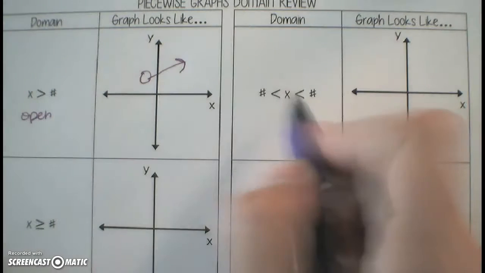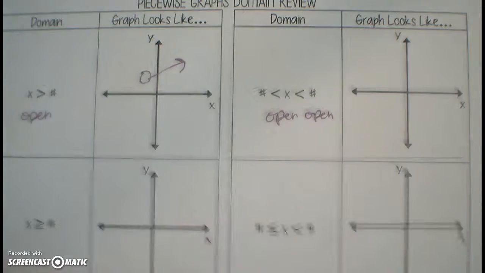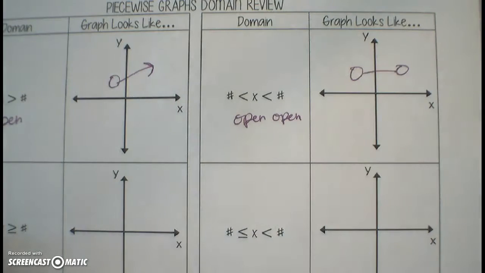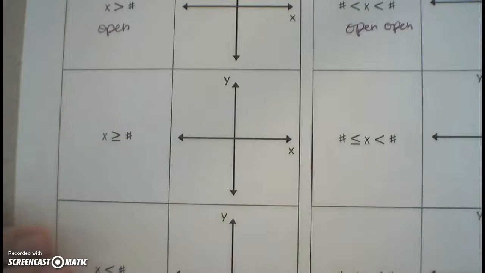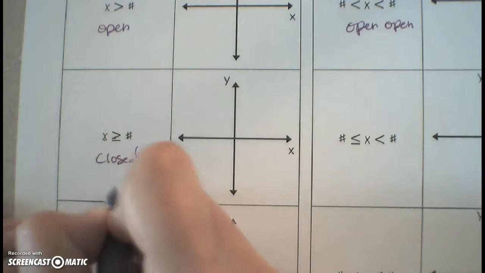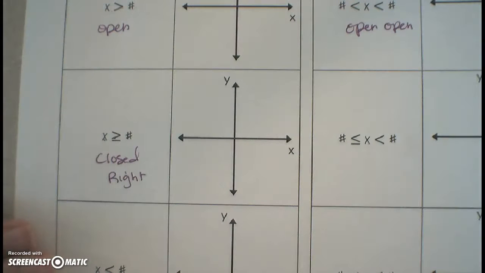For this one, open and open, and we want to have everything between those two open circles. So two open circles and everything between them. All right, we want to have a closed this time and greater, so we want to keep everything to the right. So closed and to the right.